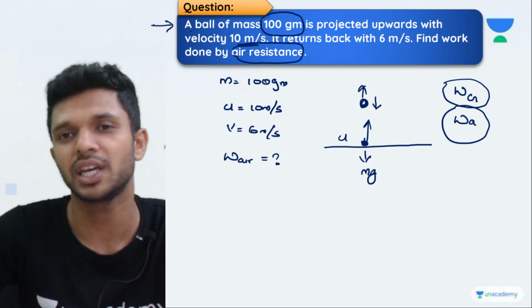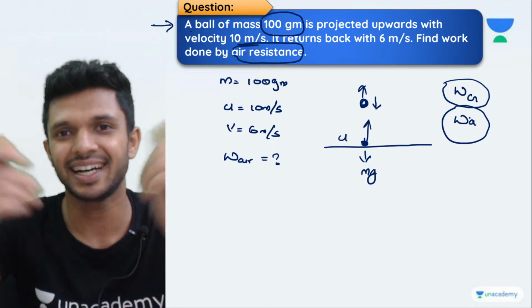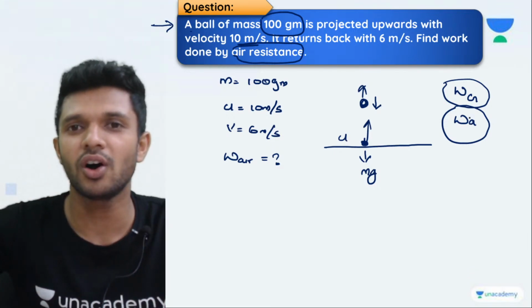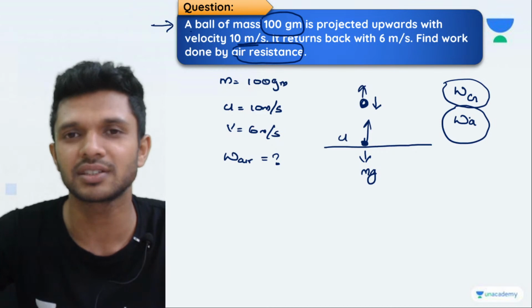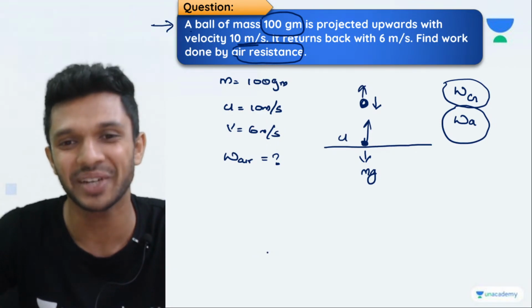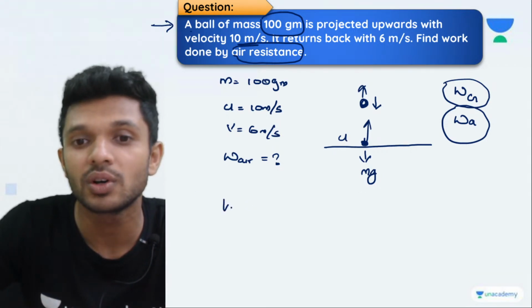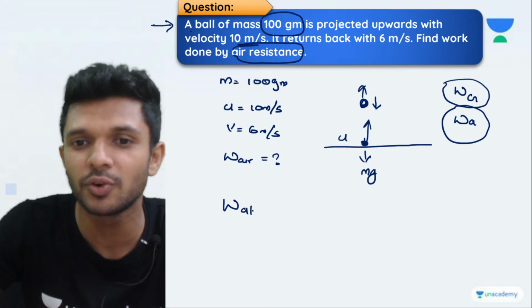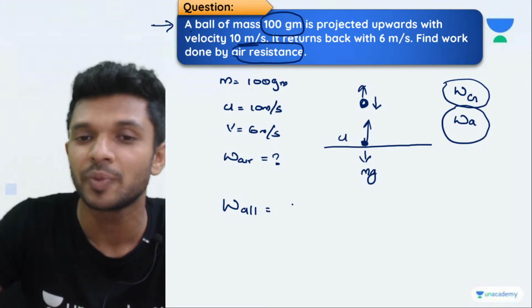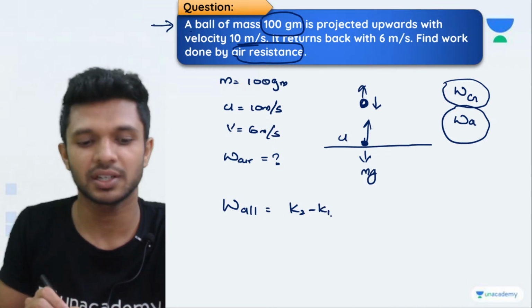Which formula can we now use for finding the work done by air resistance? Quickly tell me. Yes, the father of all the equations which connects work and energy. That big daddy equation: work done by all the forces is equal to the change in kinetic energy, K2 minus K1.